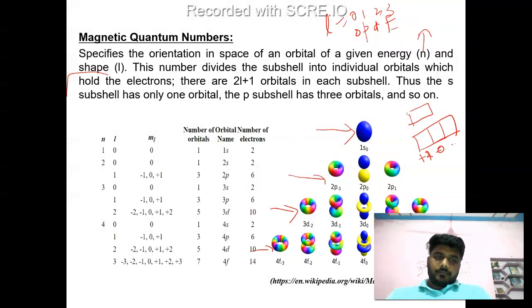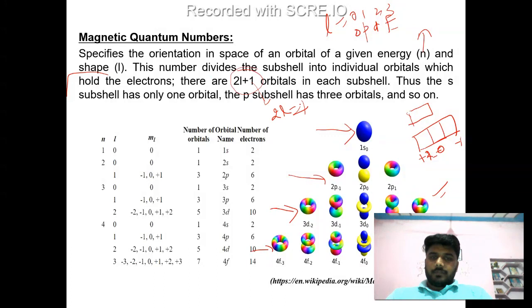It tells about the orientations. So these are some typical orientations you can see here. If you have to calculate how many orbitals are there in each subshell, you can use the formula 2L plus 1.